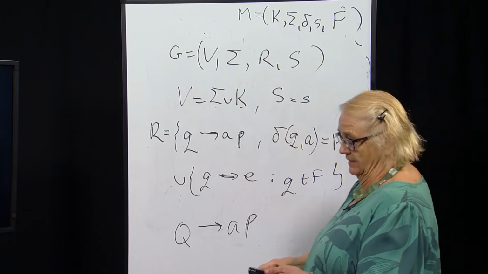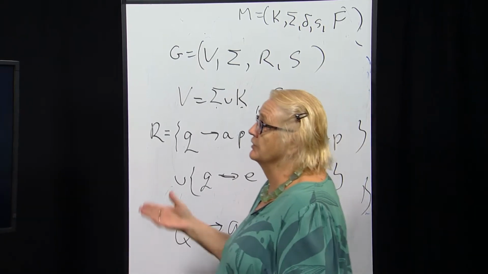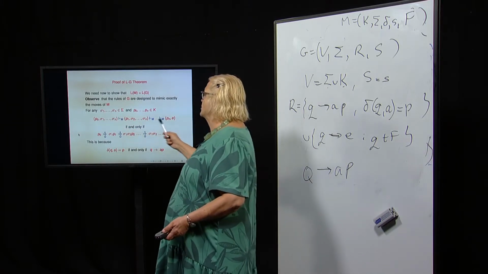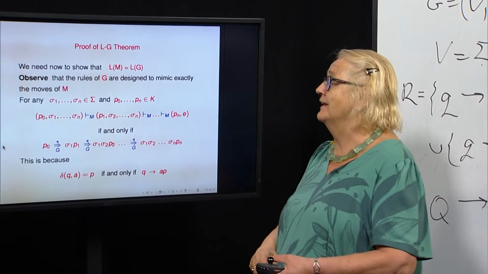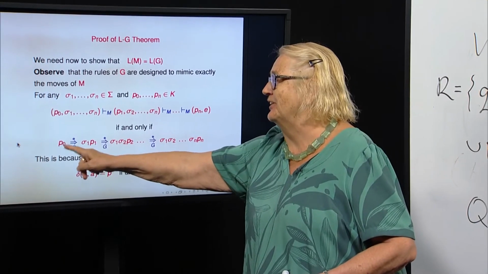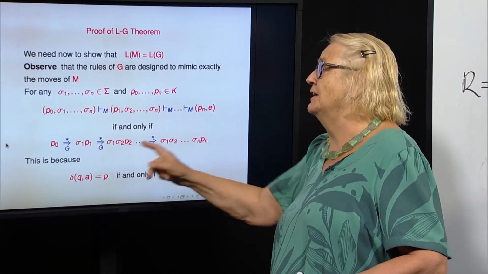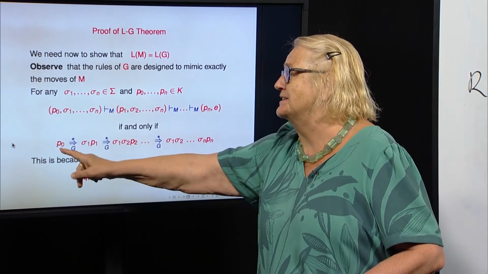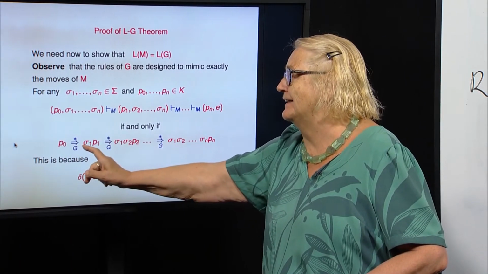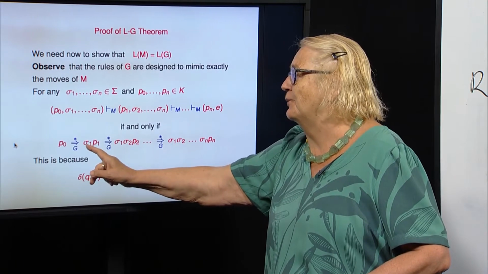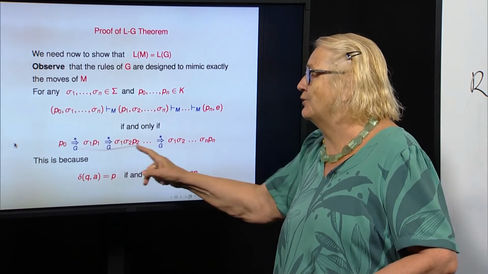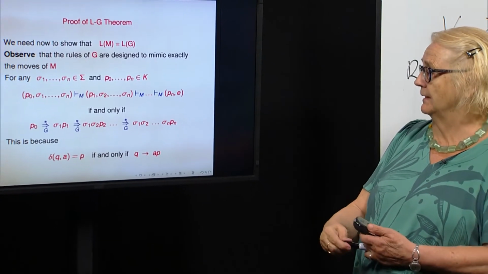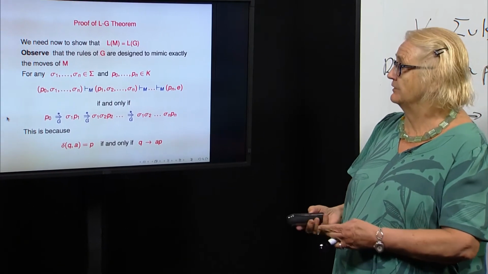So that is it, and of course we show that the language, it means you have a derivation if and only if, P0, sigma 1, P1, so it means delta of P0 sigma 1 is P1, so you have that rule, so you have the proper derivation in the grammar by definition.